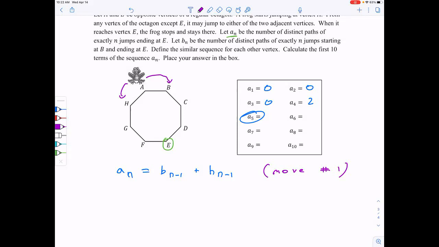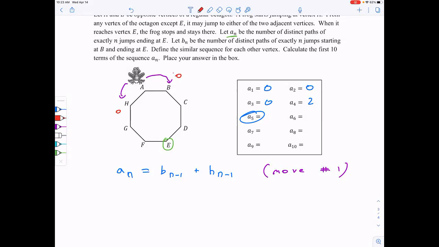Okay, so the next thing that I want to think about here is some symmetry. If you're the frog starting at B, compared to the frog starting at H, and you want to count all the ways of traveling to E, there's some nice symmetry going on here. Let's just say you had 5 more moves, for example.